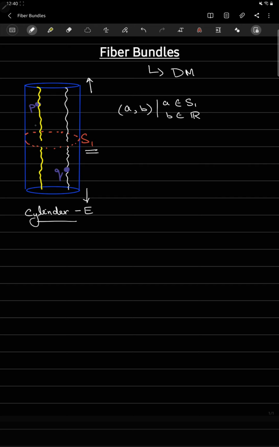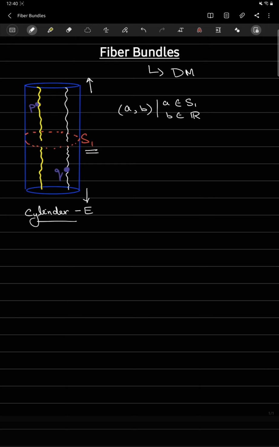Now you see these yellow and white lines that I have drawn over here, and they pass through these points P and Q. So the white line is passing through Q and the yellow line is passing through P. Now these lines are essentially what is called a fiber.